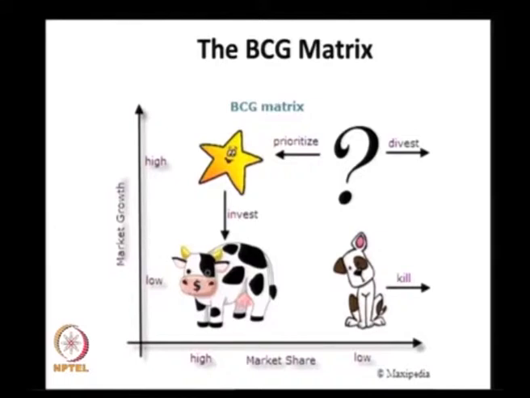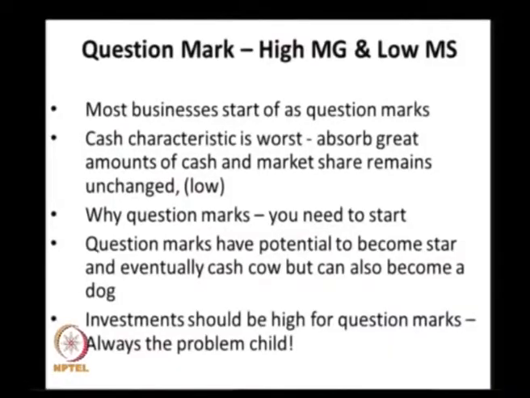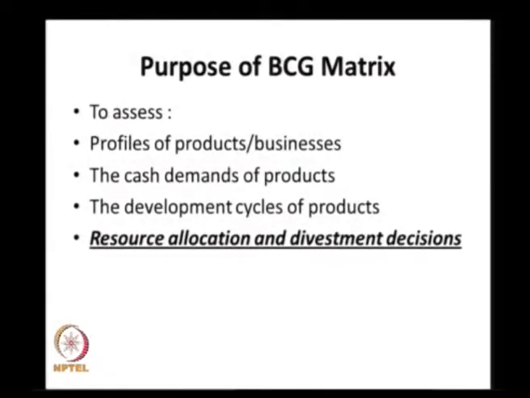When you are at the question mark stage, the challenge is to identify good question mark candidates and invest in those that have the potential to be converted into stars. So you have to prioritize good question mark candidates and convert them into stars, and the rest you divest away from that business. That is a very tough challenge, to choose from the question mark categories. Now, why are we doing this?